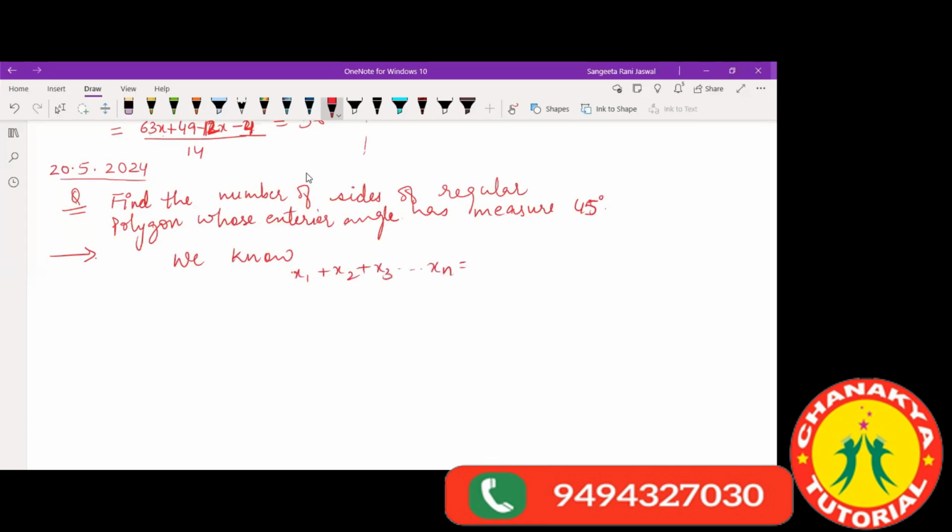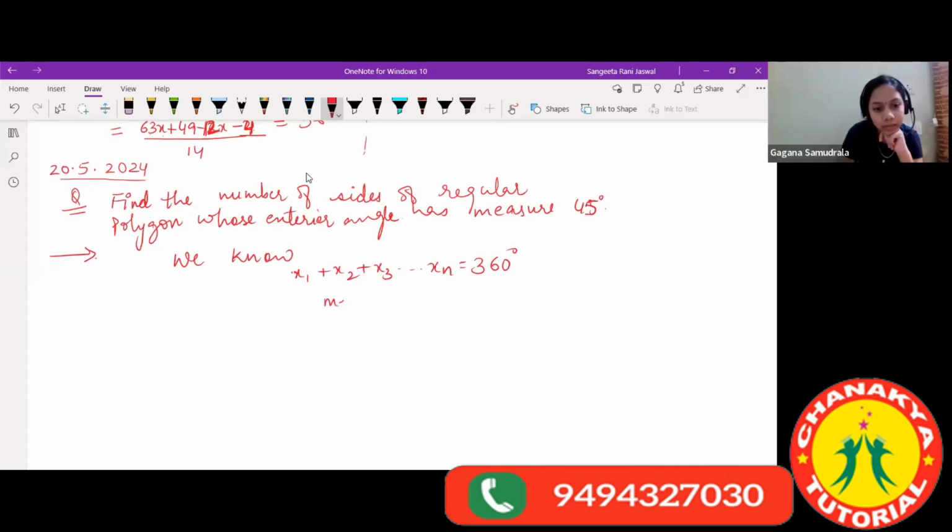These are so many exterior angles, so their sum is 360 degrees. This is what we know from the property. So we can take it like this. Measure of one angle, we can write like this.